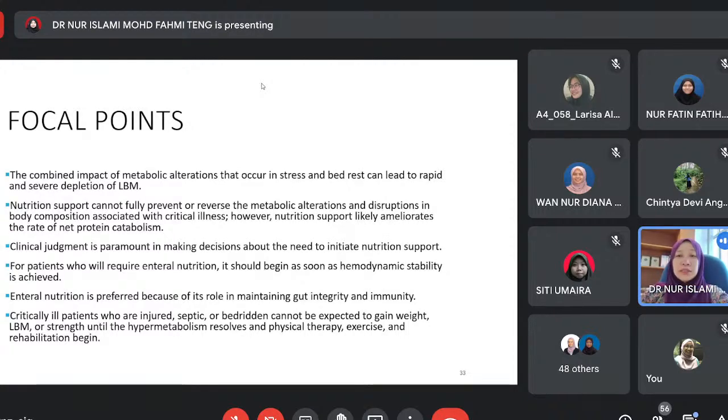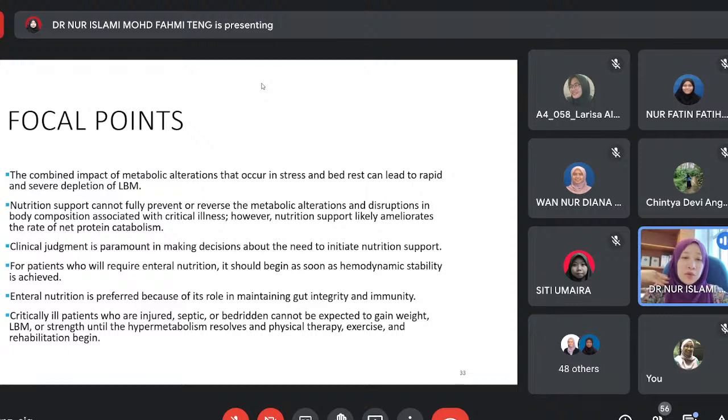However, nutrition support likely ameliorates the rate of net protein catabolism. Clinical judgment is paramount in making decisions about the need to initiate nutrition support. But this is more for the surgeon, anesthetist, and medical doctors. They must have the critical judgment on when to start nutrition support or not.